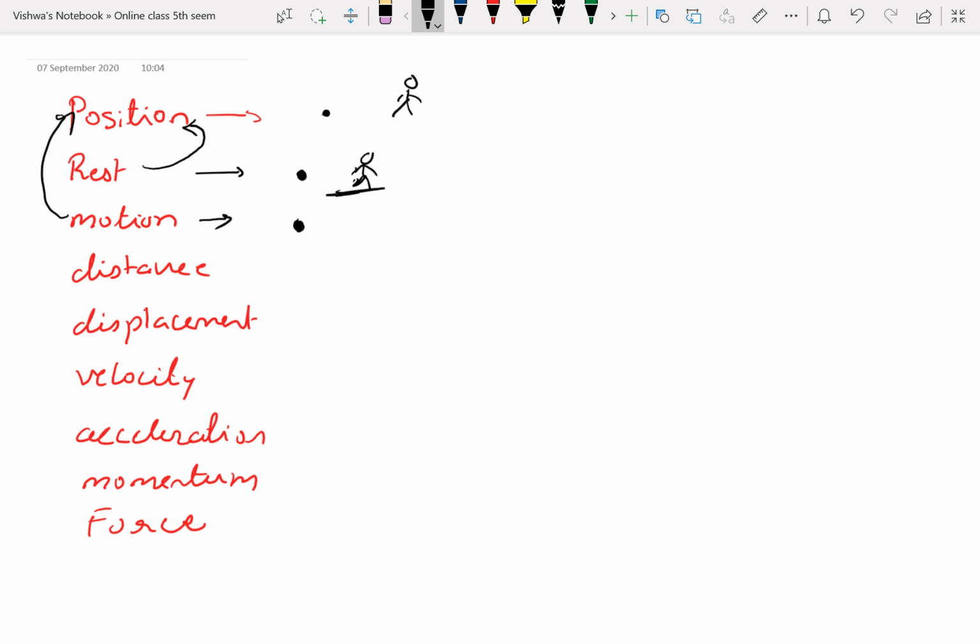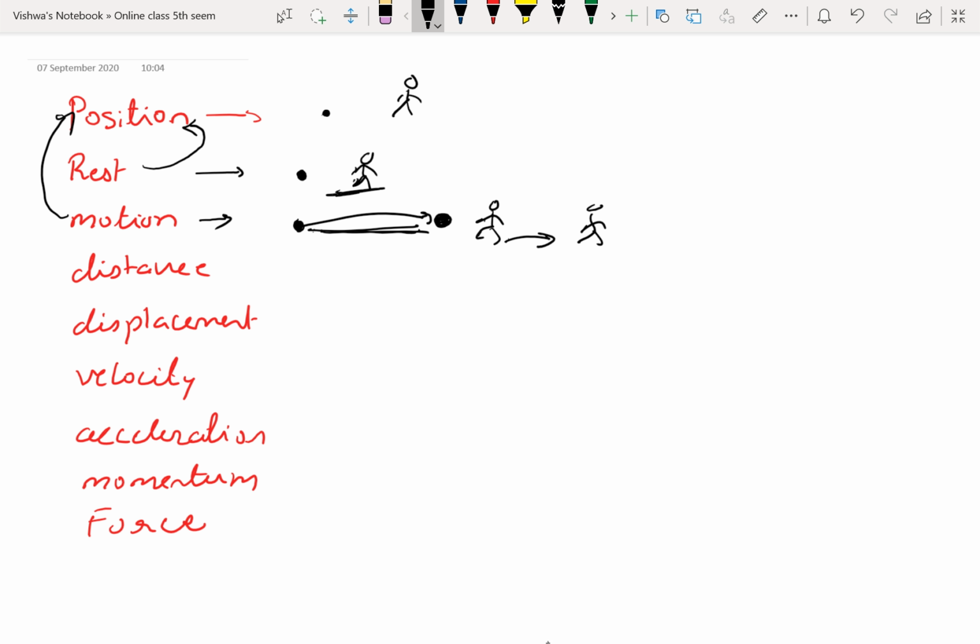If it changes from here to here, it comes to a certain new position, then that means the object is in motion. And then the walking person or running person, now he is here, after some interval he comes here, then we say that it is in motion.